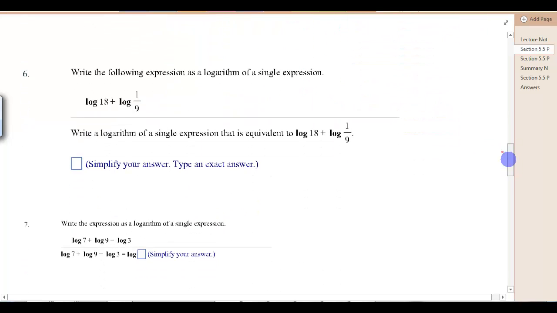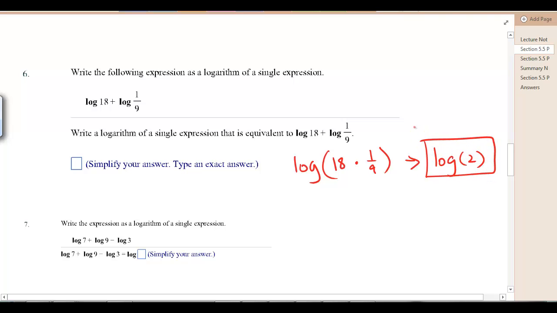All right, same thing on this one. We would have log of 18 times 1/9, which gives us log 2. 18 times 1/9 would be 2.